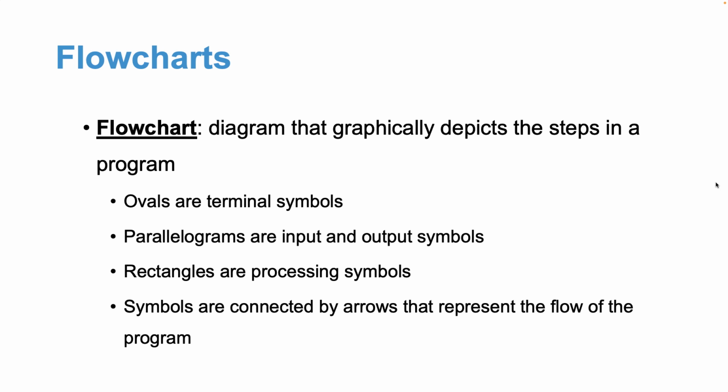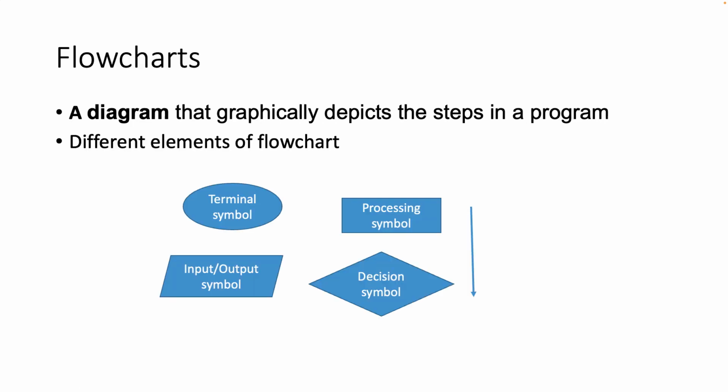We use parallelograms for input and output. We use rectangles for processing symbols, and we also have arrows that show the flow of the program. We have terminal symbols, input, processing, and decisions.